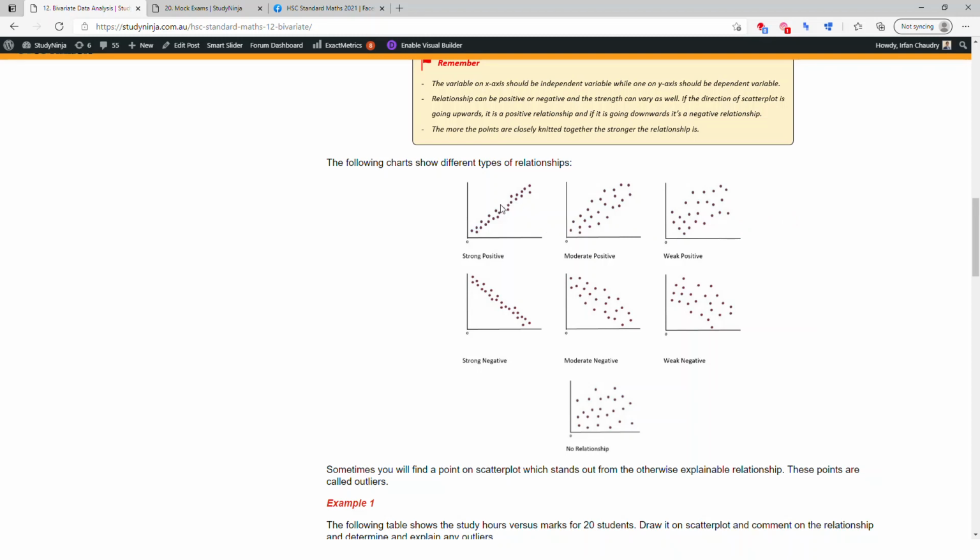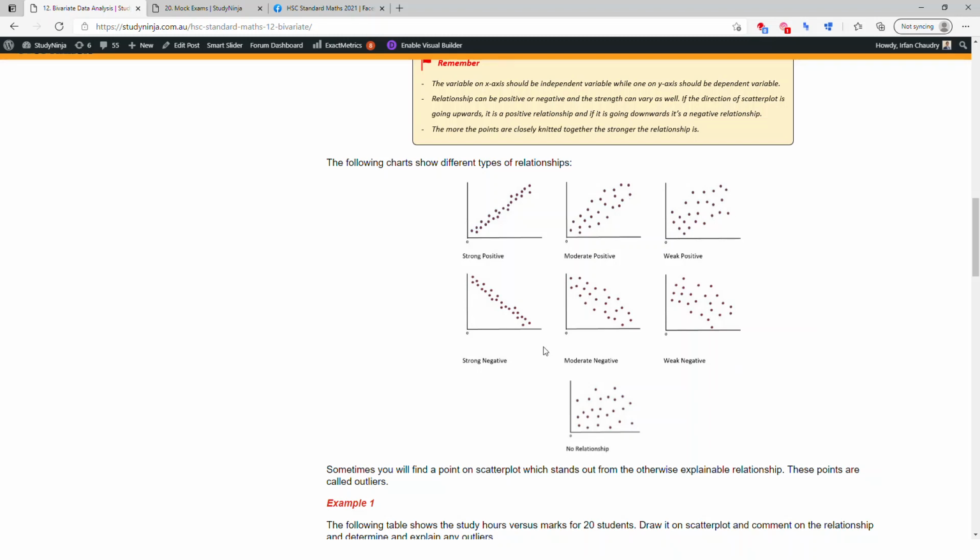So the coefficient's value would be highest here, and then the lowest here. This is called strongly correlated, moderately correlated, and weakly correlated. So positively strongly correlated, positively moderately correlated, and positively weakly correlated.